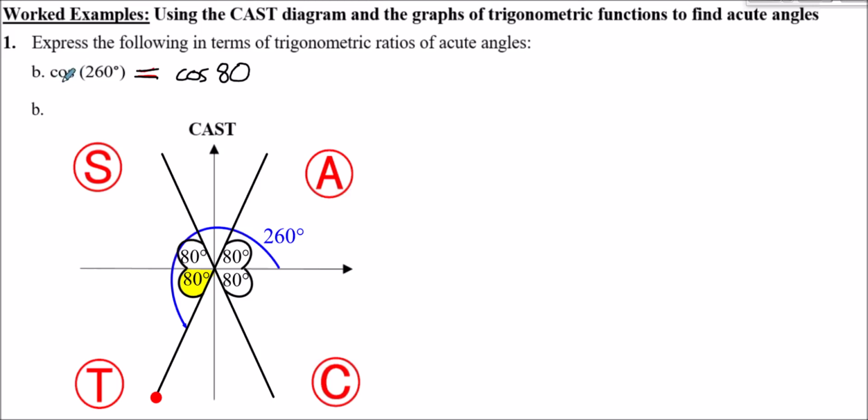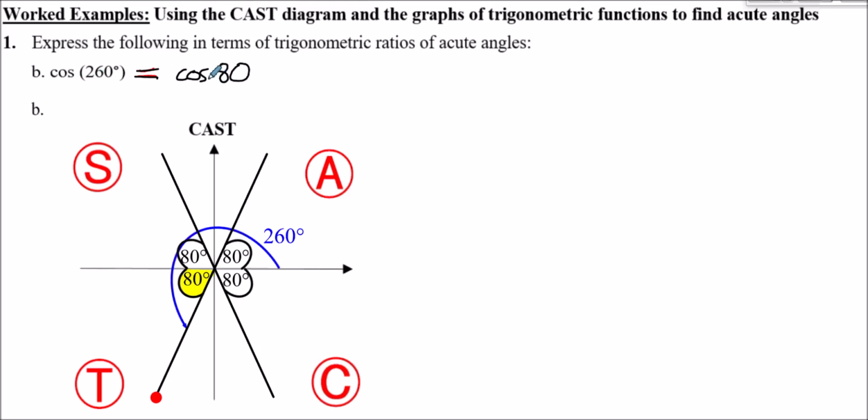In other words, this cosine function, all we need to think about is, is it going to be positive or negative in this quadrant? Because it's in the tan quadrant, only tan is a positive function down here. Sine and cos, therefore, are both negative. And so this cosine function here has to have a negative value.